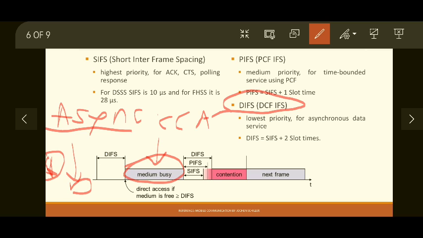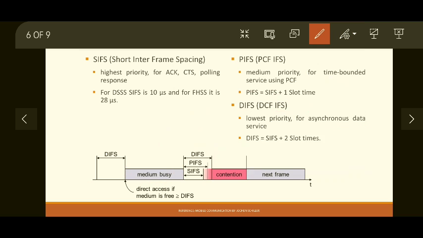There will be a competition between these users to access the medium, but it does not start immediately. Depending on the type of service they are getting, whether it is time bounded or asynchronous or any other, they have to wait this much amount of time before beginning the contention period.